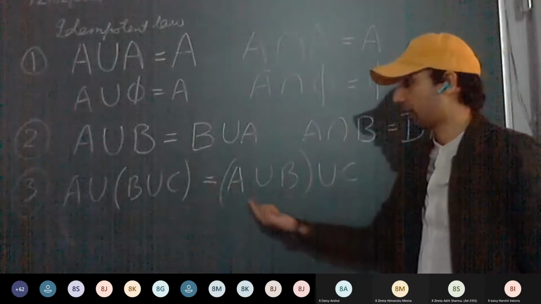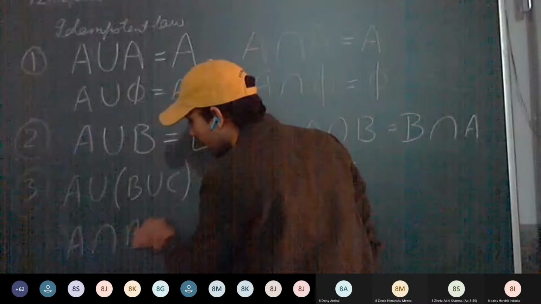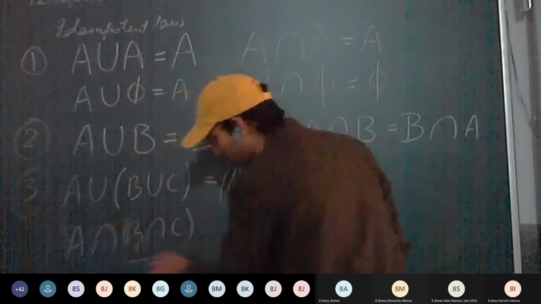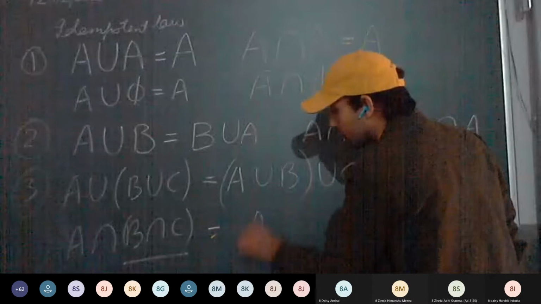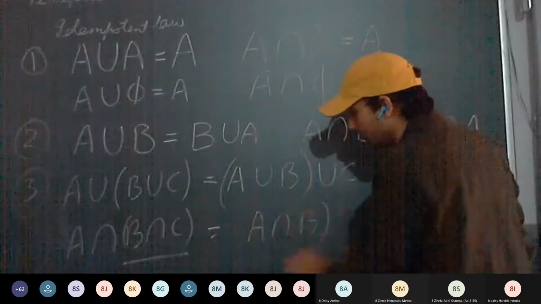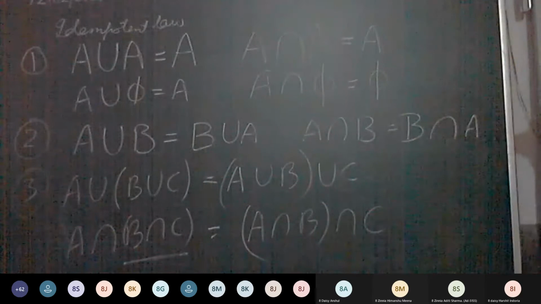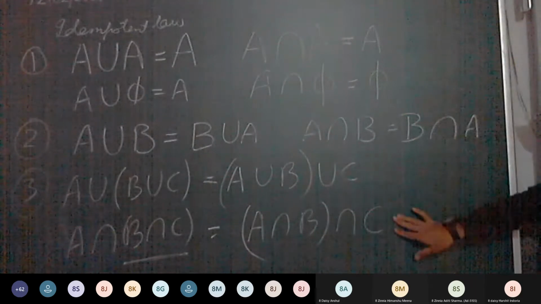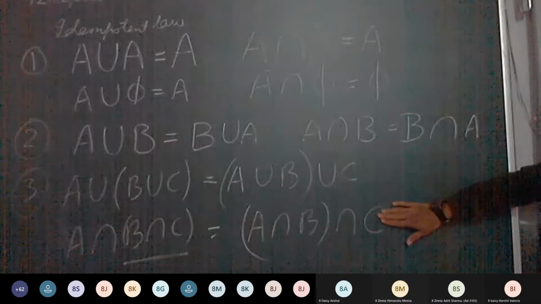We can do either way. Or A intersection, B intersection C: first we'll solve this one, then intersection with A is same as A intersection B intersection C. Understood this one? This is our associative law. Idempotent law, commutative law, associative law.